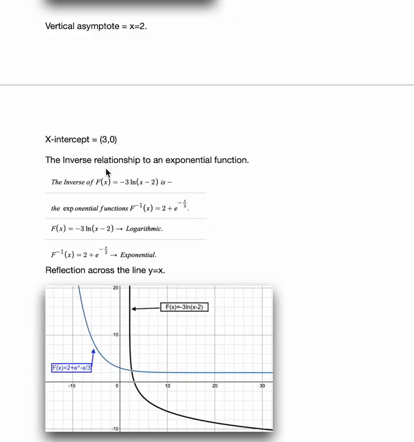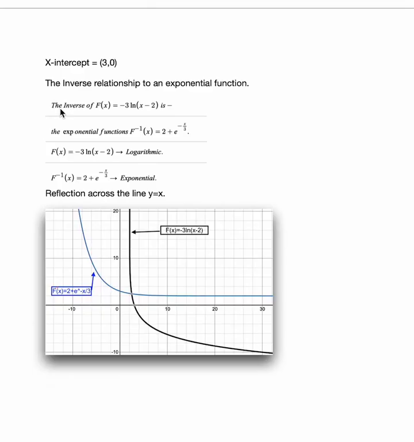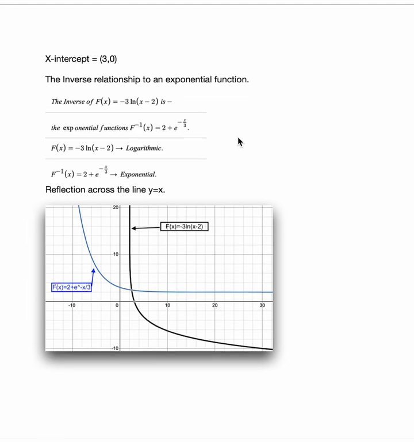Down here, we have the inverse relationship to an exponential function. The inverse of f of x equals negative 3 ln of x minus 2 is the exponential function f to the negative 1 of x equals 2 plus e to the negative x over 3.